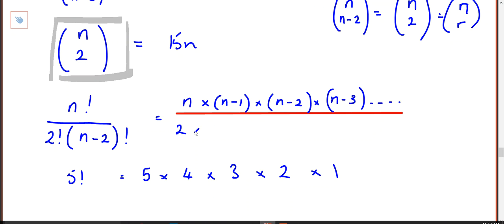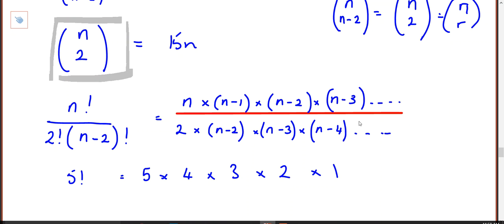What is n minus 2 factorial then? So it's going to be n minus 2 times n minus 3 times n minus 4 and so on. Oh, you can cancel out the... Yeah, so even though this goes on forever, it's like, do you remember how to convert recurring decimals to fractions?